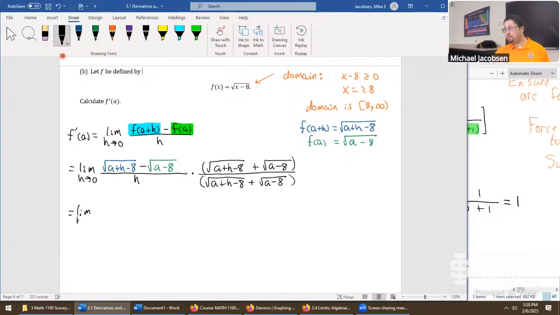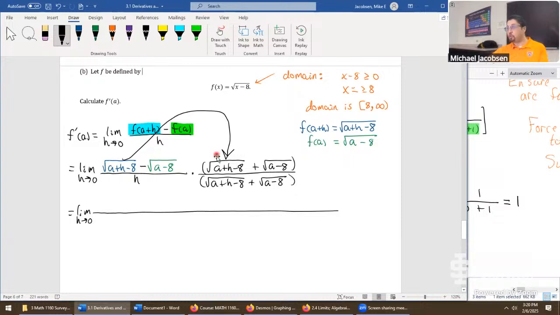And then finally, limit h goes to 0. I'll write out a big fraction bar because I'll write down all terms. But if you didn't write in the middle terms like we mentioned before, always totally fine. But we've only done this a few times, so here's the full visualization. We're distributing here to start, but that's the same root multiplying the same root, so we just copy in the radicand, a plus h minus 8.